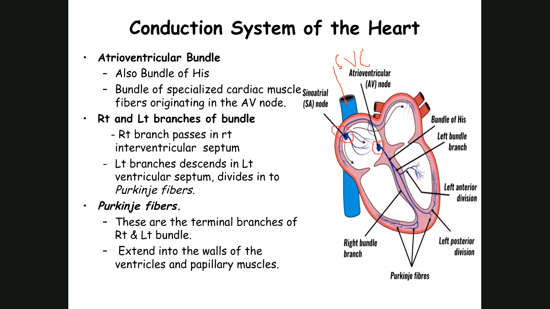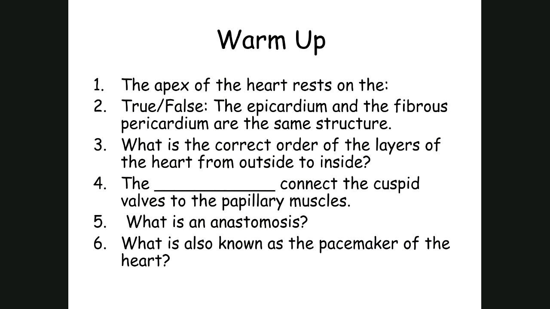They extend into the walls of the ventricles and papillary muscles, the muscles which are present inside the heart. I will show you all these structures in the further pictures. So this is how the questions come in this.